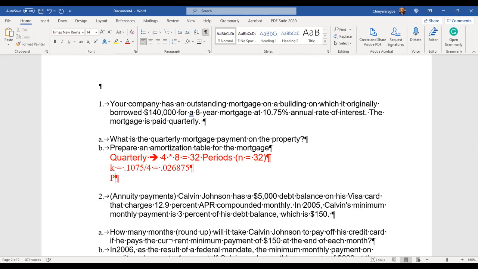Now the present value is equal to 140,000.